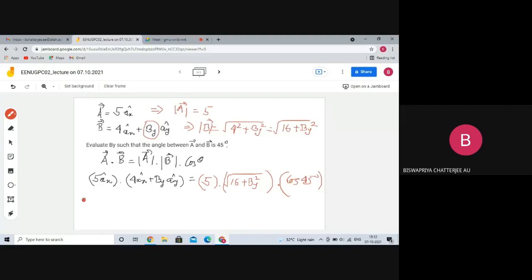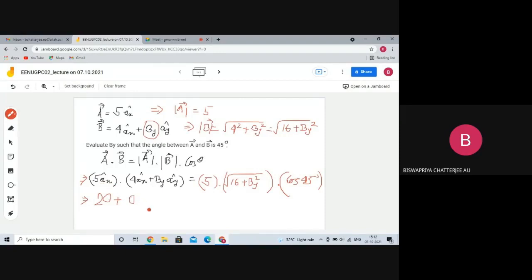From the next line you can write, ax dot ax is 1. So 5 into 4 is 20. And ax dot ay is how much? Anybody? 0, sir. So ax dot ay is 0, ax dot ax is 1.